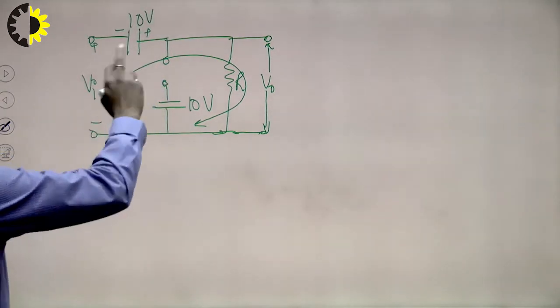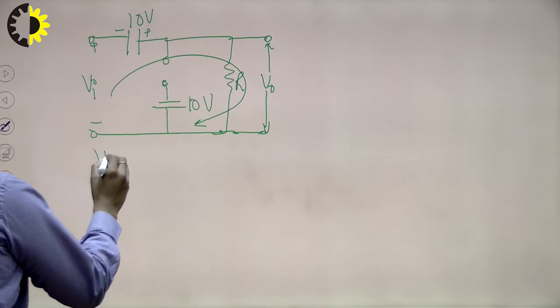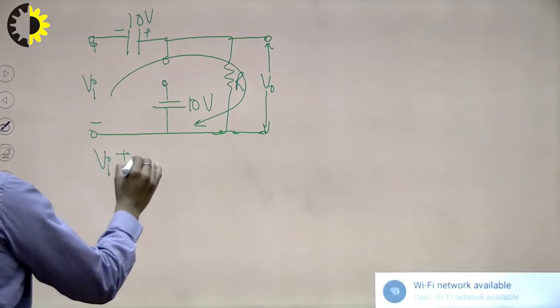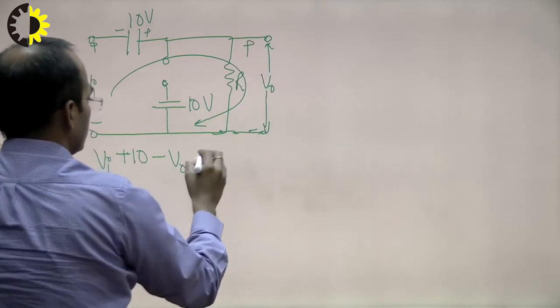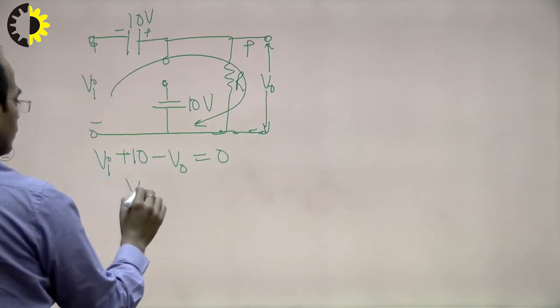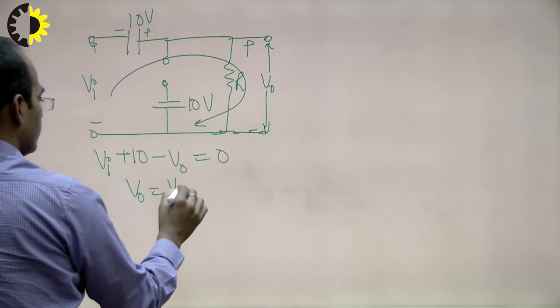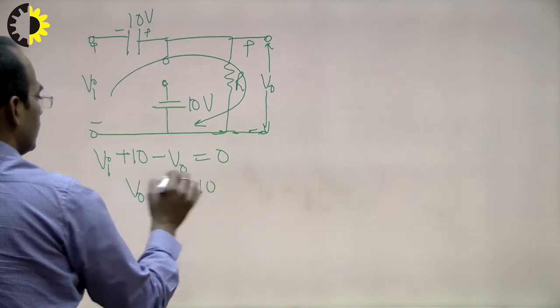By applying the KVL, we will get Vi plus 10 minus V naught is equal to 0. So, V naught is equal to Vi plus 10.